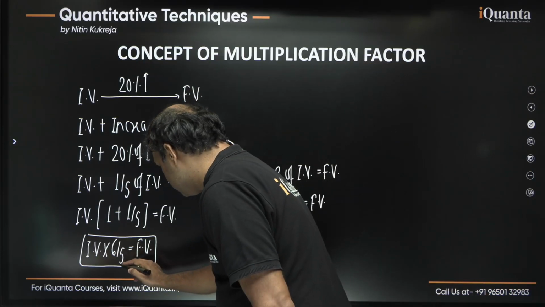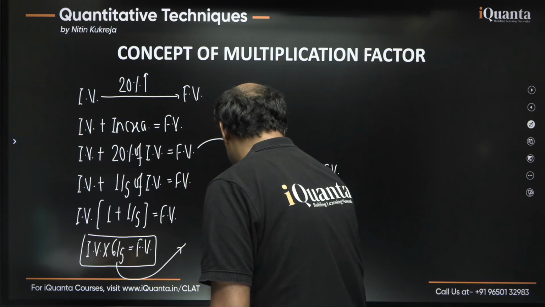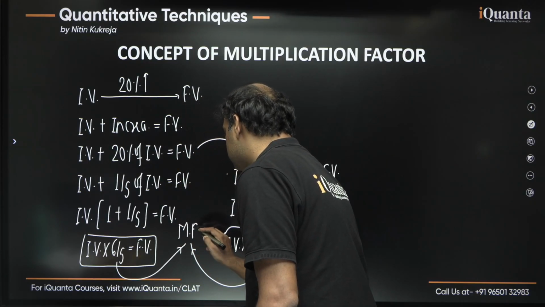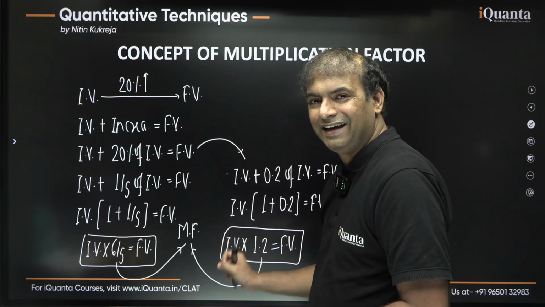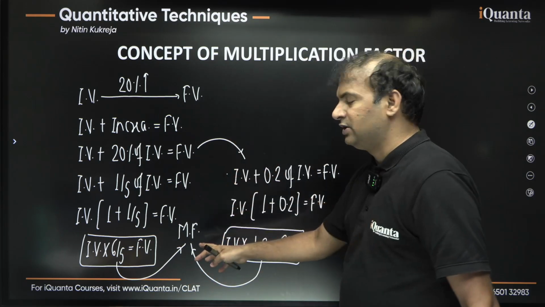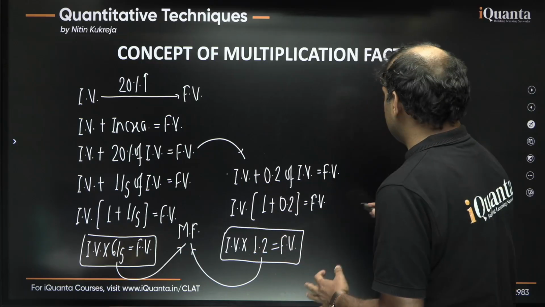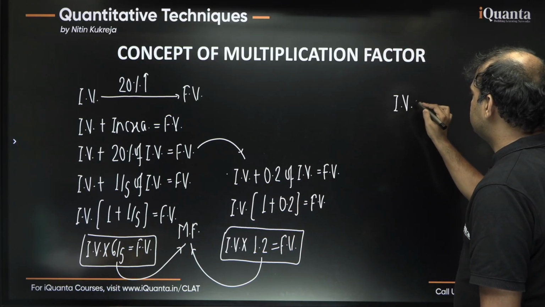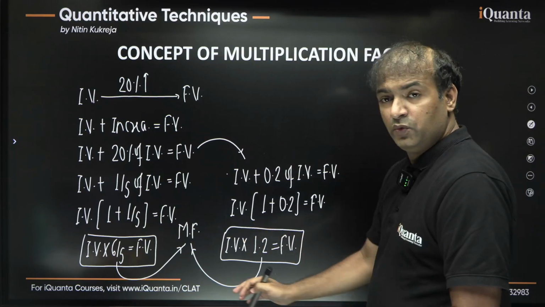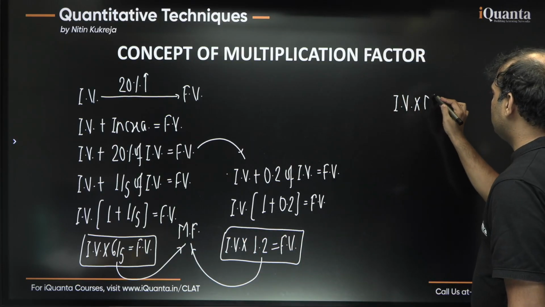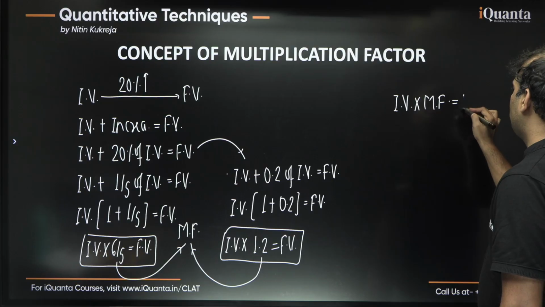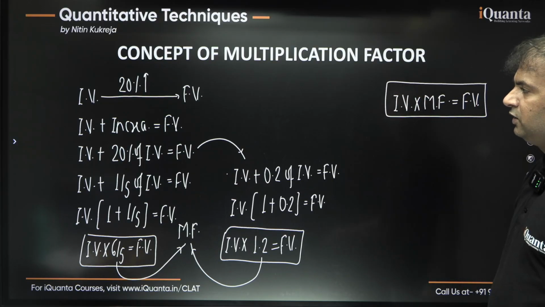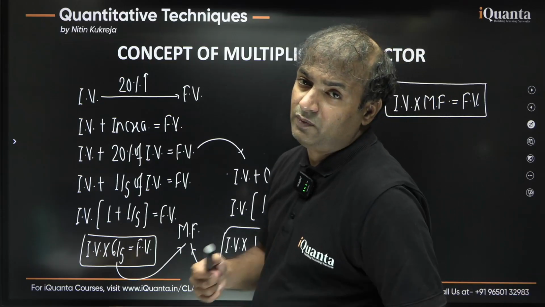So either we call 6 upon 5 or we call 1.2, they are called the multiplication factor, and we can write this in short as m dot f, in short MF. So we can also write here that multiplication factor is a fraction or decimal which is multiplied to the initial value, and we get the final value, simple, all right. So with the help of the multiplication factor, we are getting a relation between initial and final values in the end.